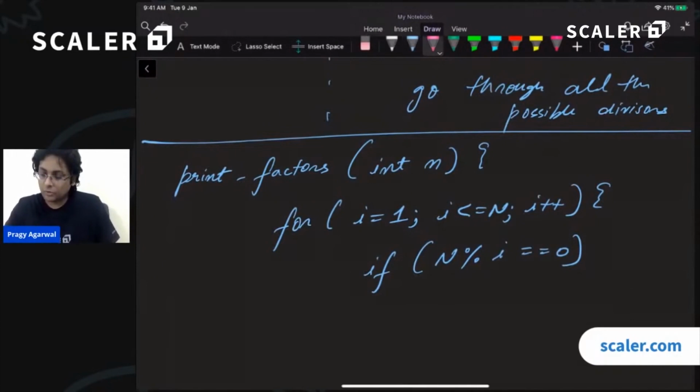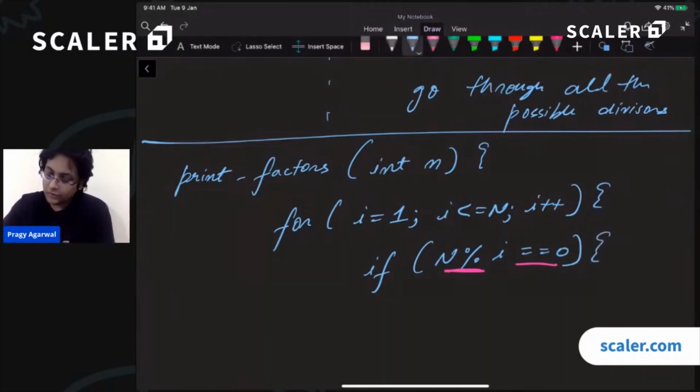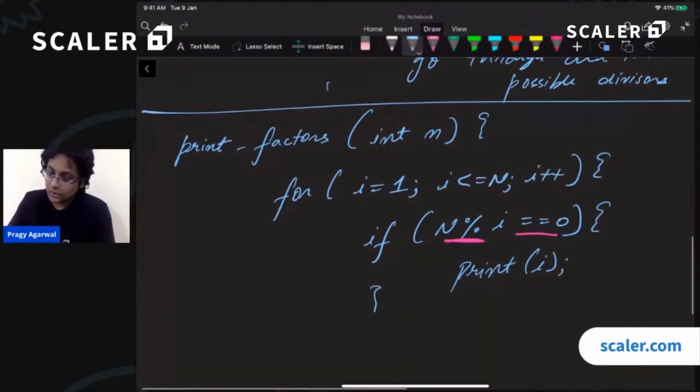Everyone is familiar with this mod operation, right? This is the remainder operation. It says that when we divide n by i, what is the remainder? Is that remainder 0? If that remainder is 0, then i must be a factor. Then we simply print i. So this is our code for factorization.